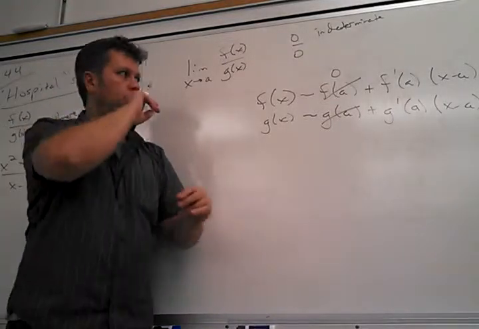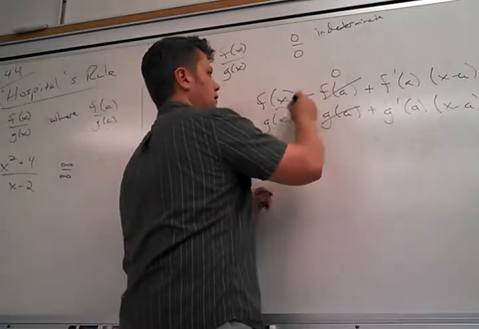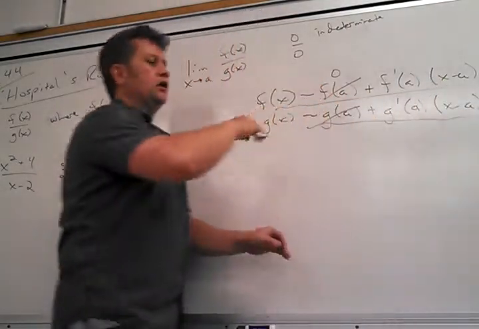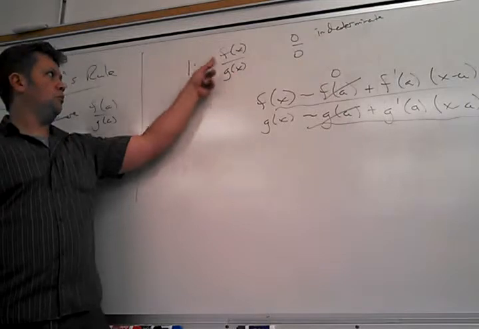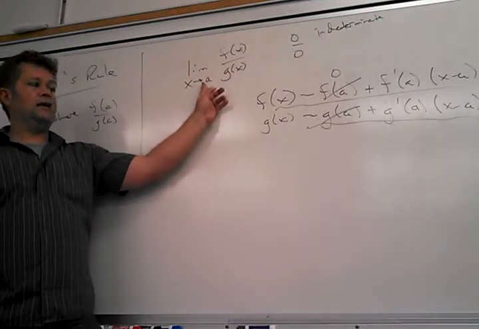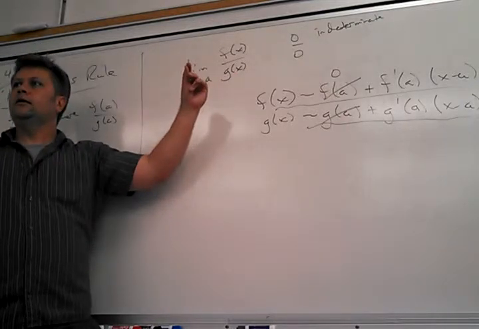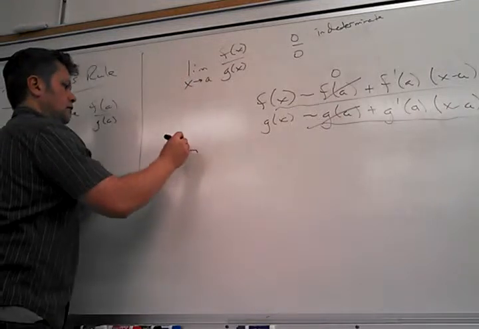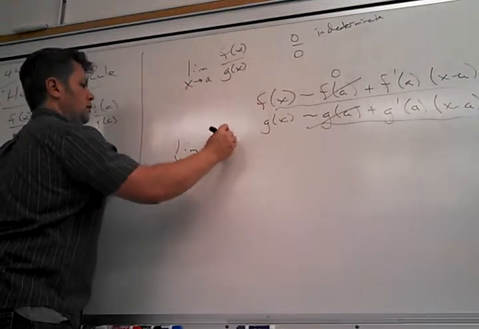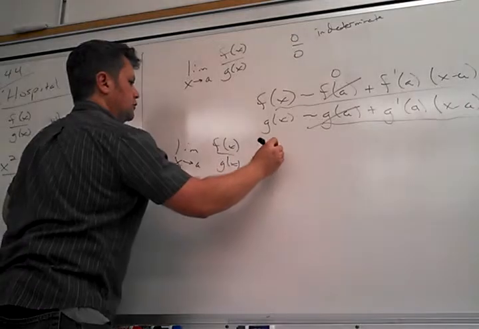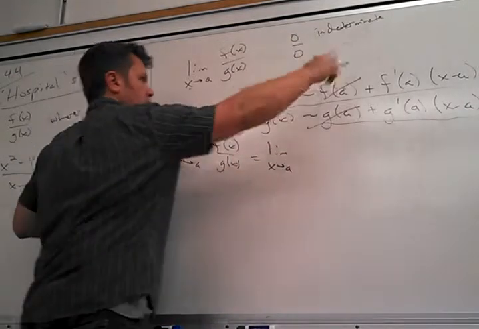Okay, so all I was saying next was these expressions only work if I'm really close to A, but what's the whole point of this? I'm getting really, really close to A. So I can take this expression and say that equals the limit as x goes to A of that.